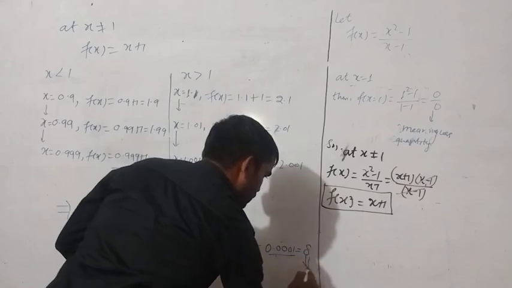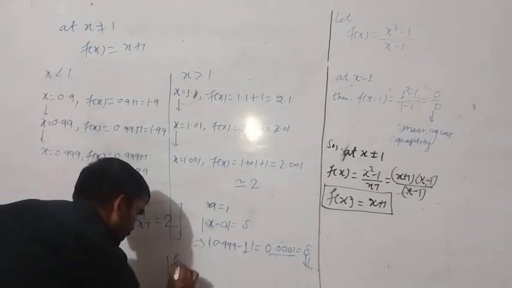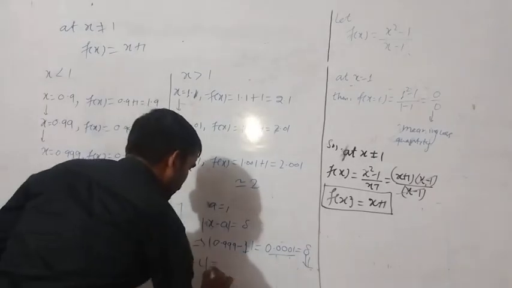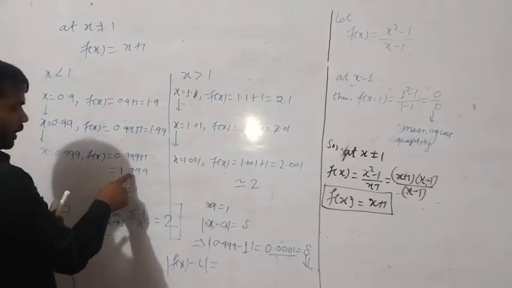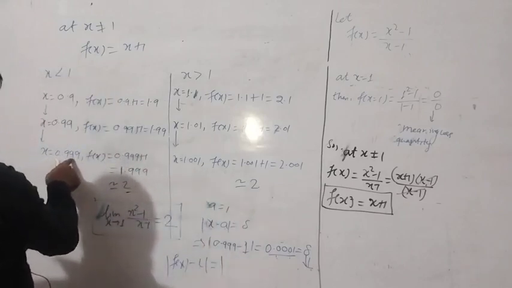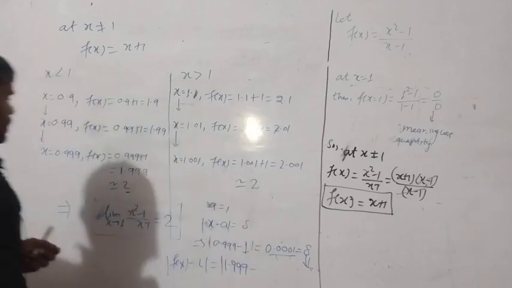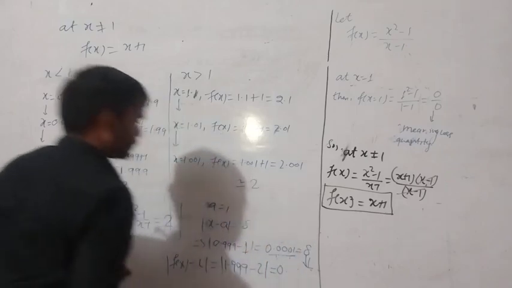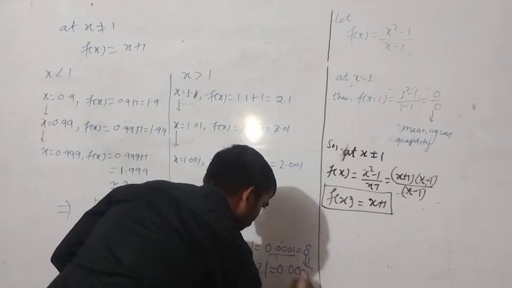Corresponding to this we can find one epsilon. So what is the epsilon? As I told you, we calculate the value of f(x) minus L, which is equal to epsilon. Corresponding to this we find the function value 1.999. Then the function value at x equal to 0.999 is 1.999 minus the limit, so you can simply see this becomes 0.0001.